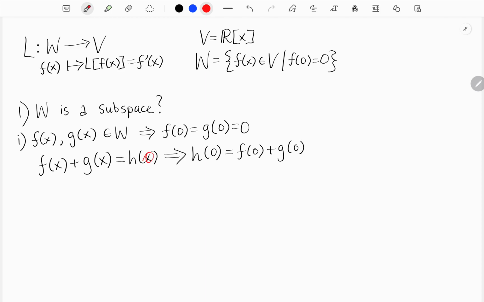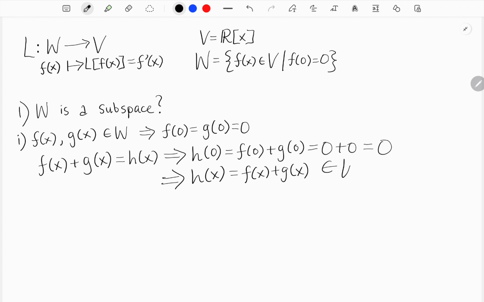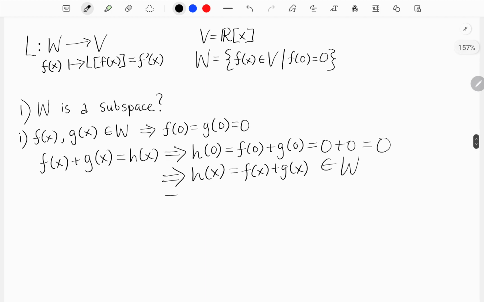You're essentially just subbing in 0 for x. What is f of 0? f of 0 is 0. What's g of 0? g of 0 is 0 from here. And 0 plus 0 is 0. So we get that h of x, which equals f of x plus g of x, is in W. So W is closed under addition, which is nice.